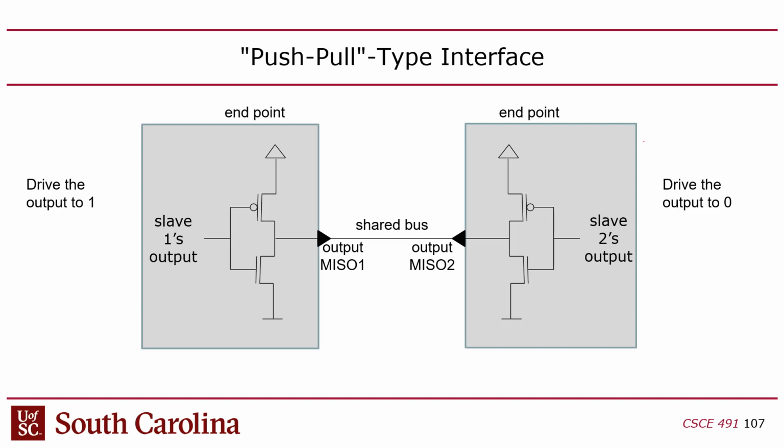The problem is that if you have 2 of these guys now on 2 different chips, connected to a shared bus, so say this wire is MISO, externally it's MISO, and they're both connected to MISO. If one of these guys attempts to pull MISO up, in other words, create a low impedance connection between MISO and VDD, and the other one attempts to create a low impedance connection between MISO and ground, you end up with a short circuit.